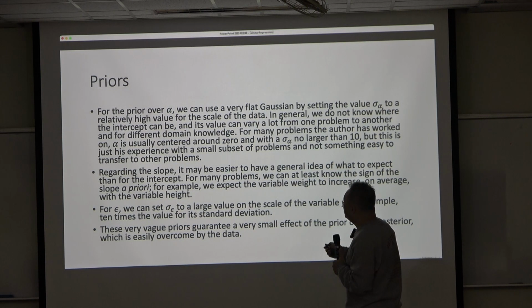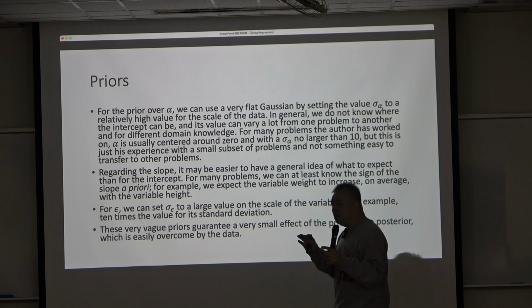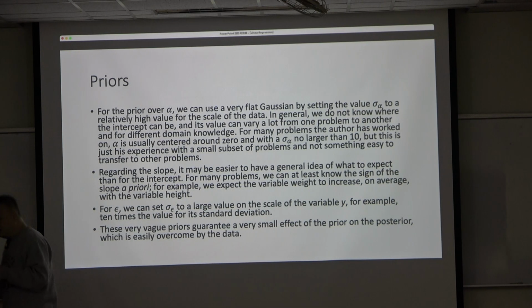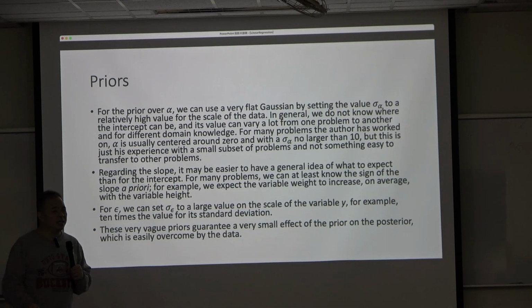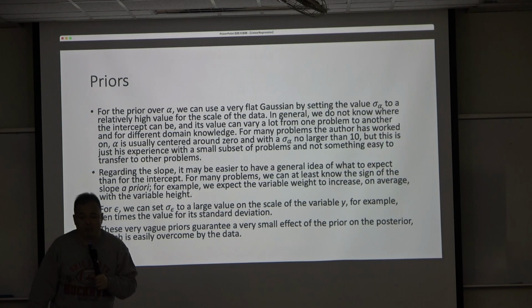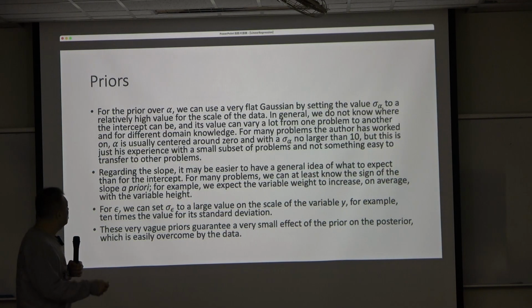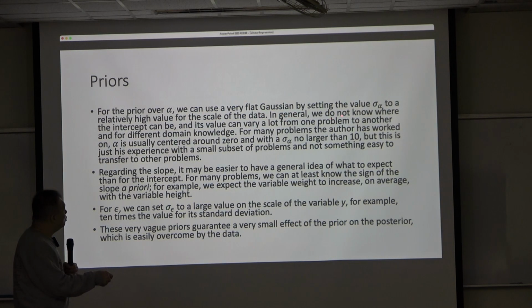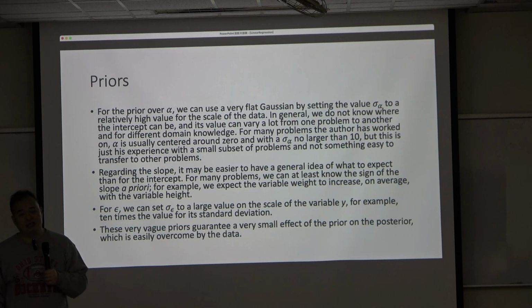So for the prior of alpha, even though we don't know the value of alpha, sometimes it depends on the application, on the problem. We could use a very flat Gaussian, setting sigma alpha to a relatively high value, or to the scale of the data. For example, set sigma alpha to be 10 or even bigger than that.